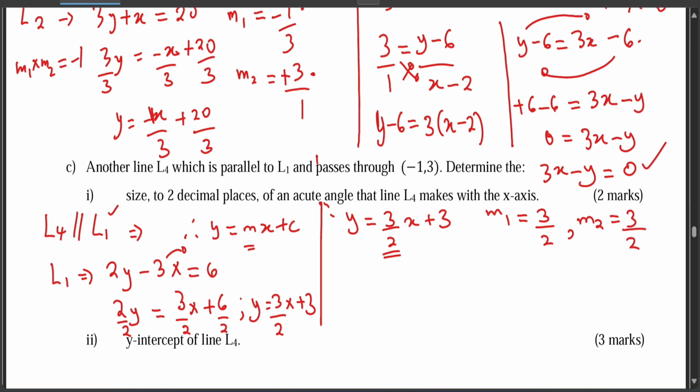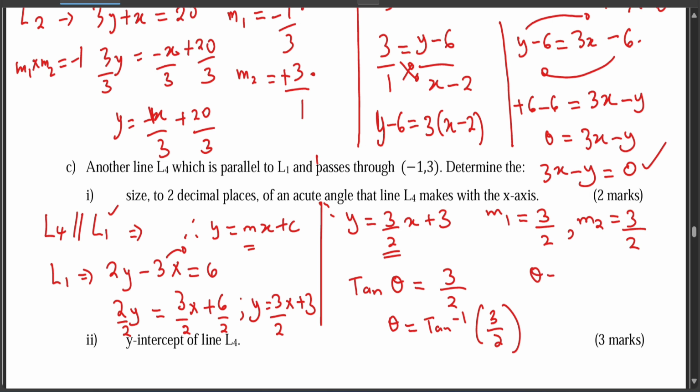Hapo umeuliza size to 2 decimal places of an acute angle. Utafute size au utafute angle. So how do you search for the angle? It's very easy. Tan theta is equal to your gradient, which is 3 over 2. Ameweza kuandika 1.5. So theta itakuwa ni tan inverse ya 3 over 2 or 1.5.